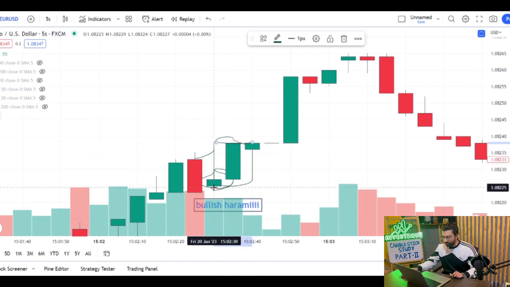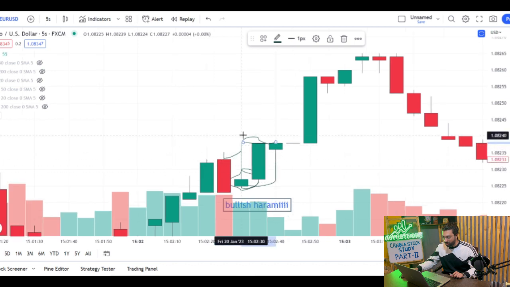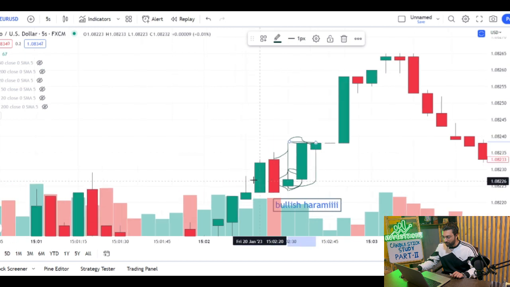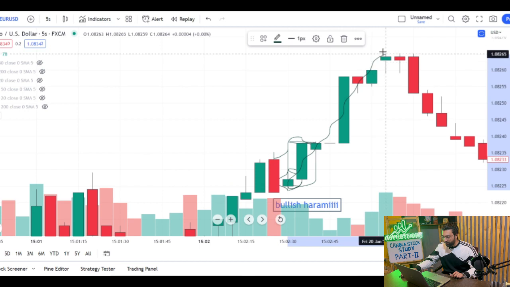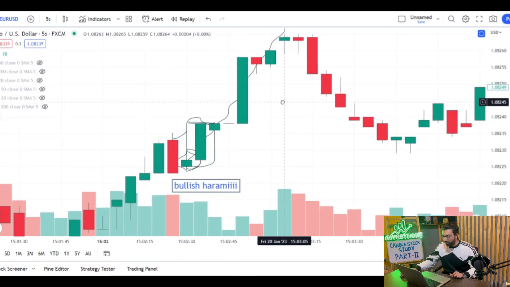After the formation of this bullish harami pattern, the confirmation will come after another bullish candle. Once you get the confirmation, you can take your entry after the closing of this candle. And now you can see after this formation of pattern, the market moves in an upward direction.